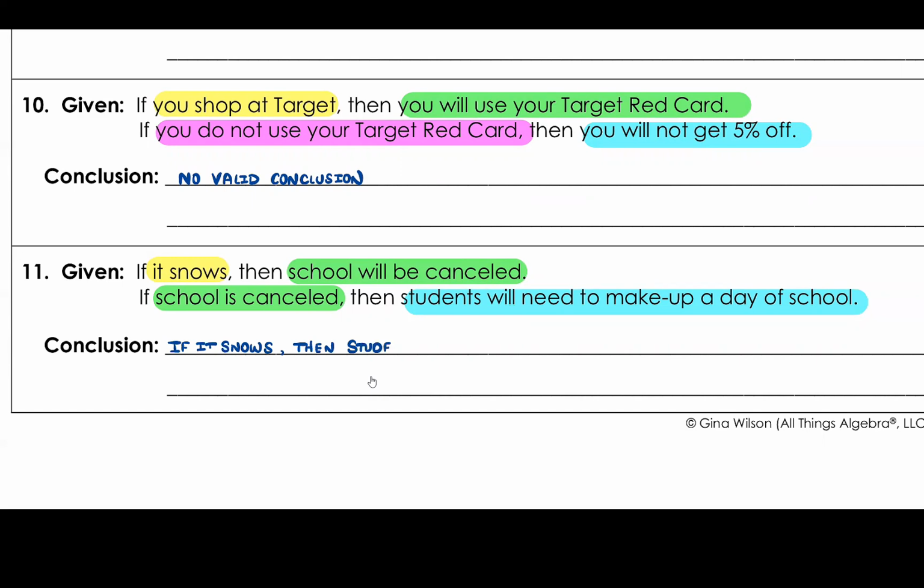Students will need to make up a day of school. That sounds awesome, doesn't it?